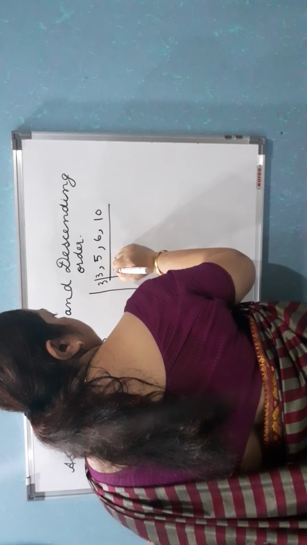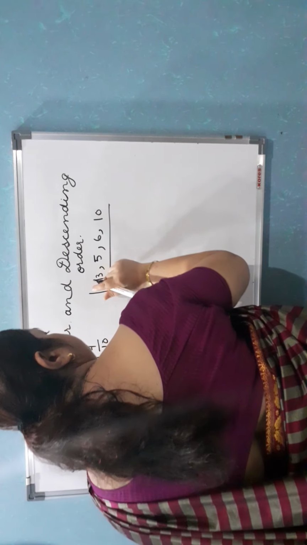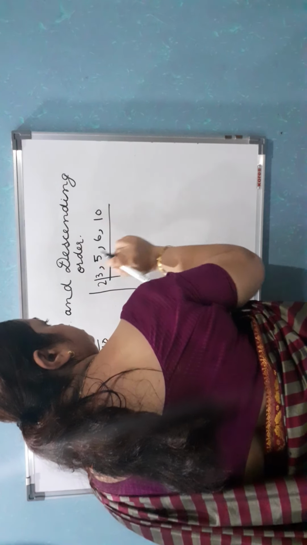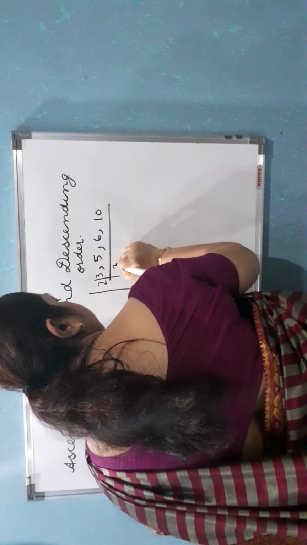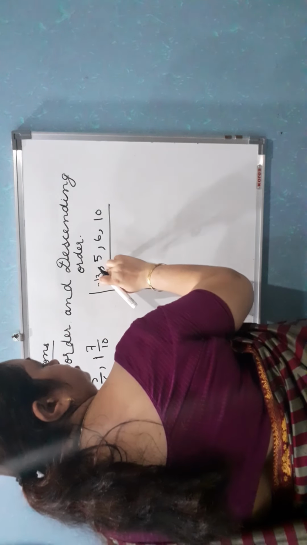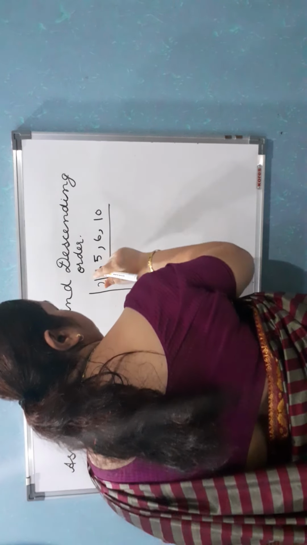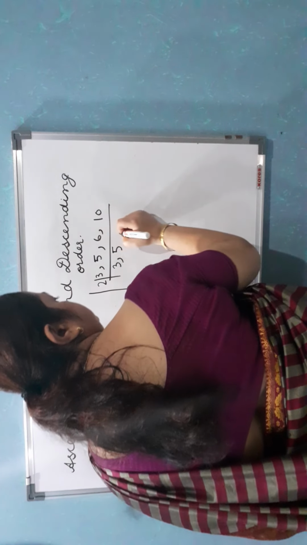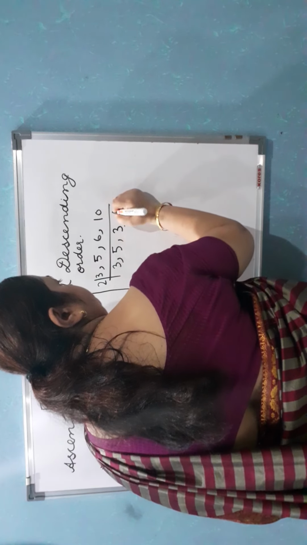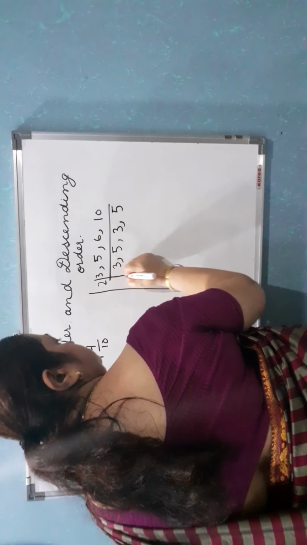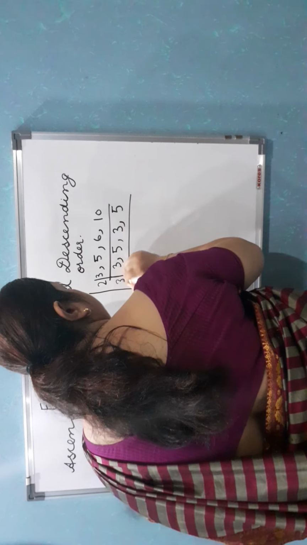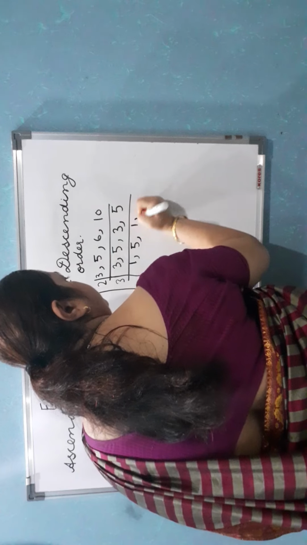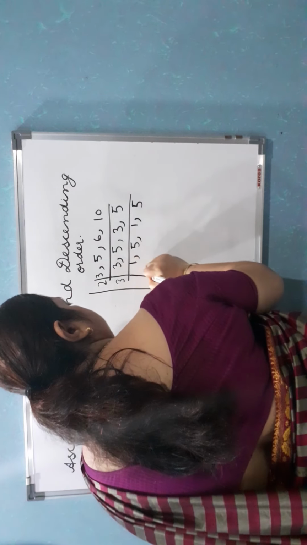Let us take first 2, because 6 and 10 are here. 3 is not divisible by 2. So we write 3 as 3, 5 as 5. Then 2 3s are 6 and 2 5s are 10. Then 3, 1, 5 will remain the same here.